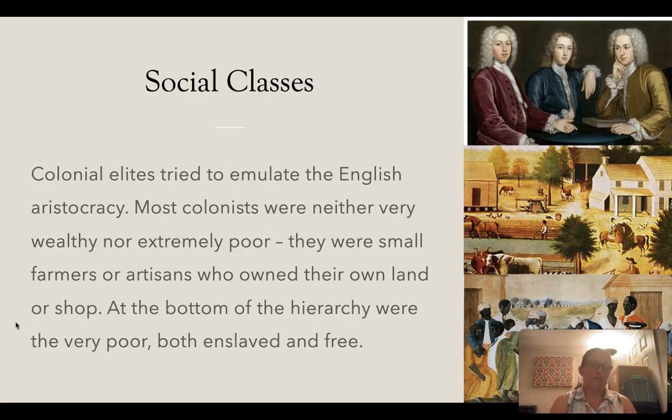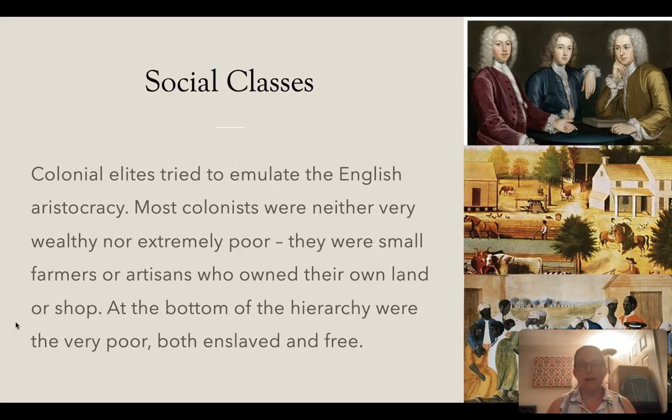And especially in the South, wealthy families were very closely connected with each other, and they were in complete control of the local and colonial government. Colonial elites really tried, as I said, to model their lives on British etiquette and behavior. They tried to emulate the English aristocracy in every single way, except for the fact that they could not claim a landed title.